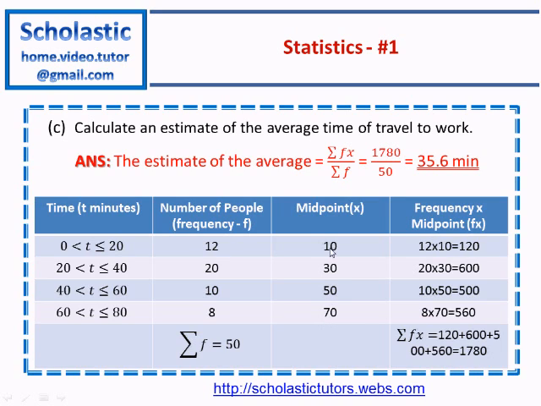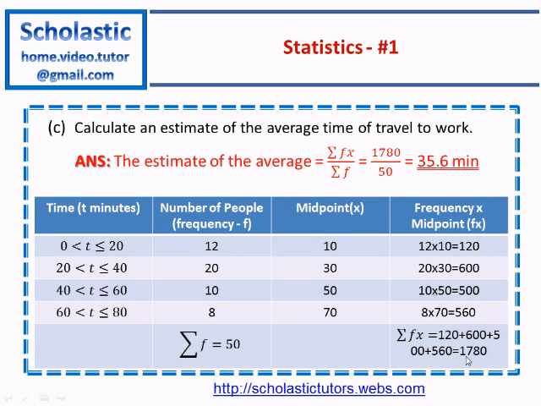So these are the midpoints of these classes, and now we multiply the midpoint with the frequency: 12 times 10 is 120, 30 times 20 is 600, 50 times 10 is 500, 70 times 8 is 560. Now we add these four values to find sigma fx: 120 plus 600 plus 500 plus 560 gives us 1780.